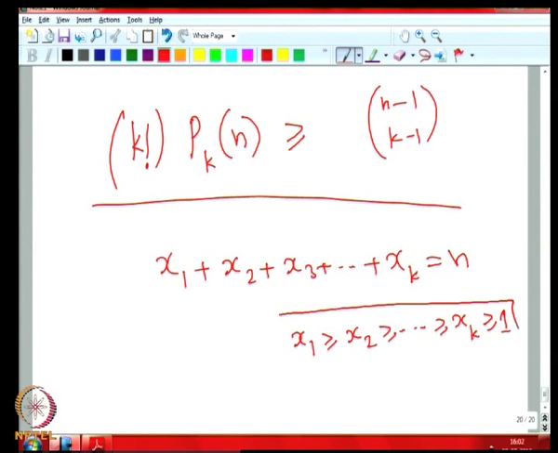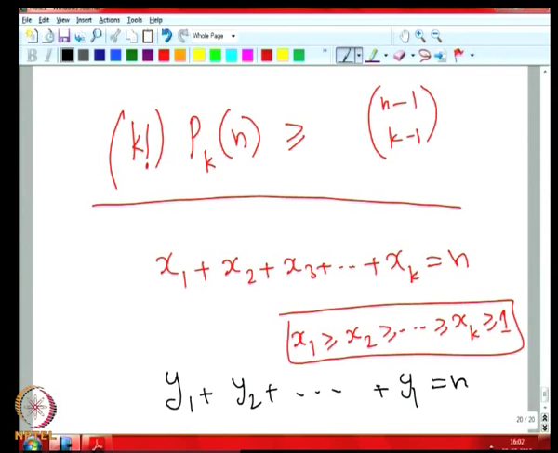That is important, because we want exactly k parts; if you put one of them as 0, then we will get fewer than k parts. On the other hand, we studied the earlier equation y1 plus y2 plus up to yk equal to n, where the only condition is each yi is greater than or equal to 1, not 0.